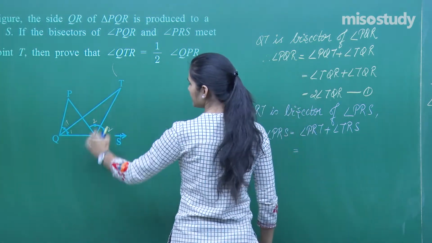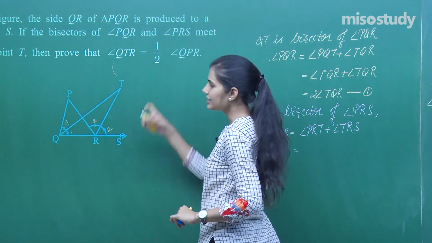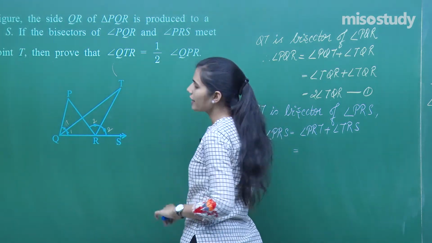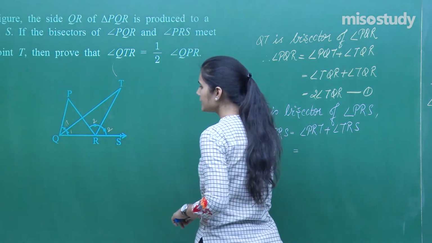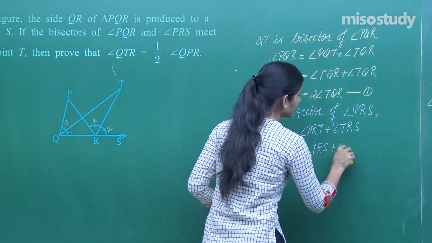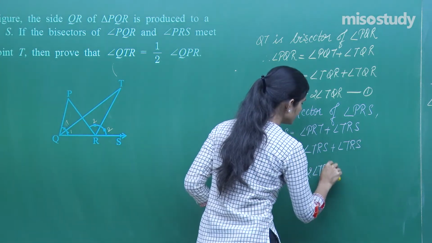I know angle PRT is same as angle TRS, which is equal to half of angle PRS, because RT is the bisector, so it is dividing angle PRS into two equal parts. So angle PRT is same as angle TRS, so I will be replacing this by TRS. So I have this equal to twice of angle TRS.